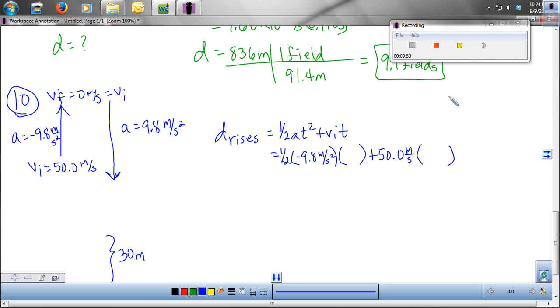Well, that's pretty easy to do. I have time is equal to VF minus VI over A. So VF would be 0 at the highest point. VI is 50. And A on the way up is a negative 9.8. So it must have gone up for, let me see what I got when I did that math.